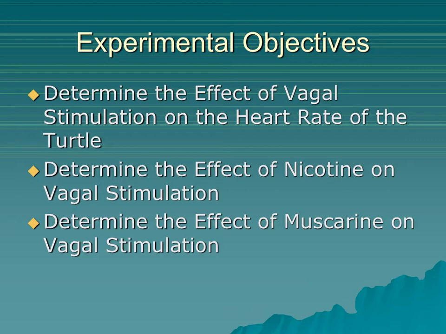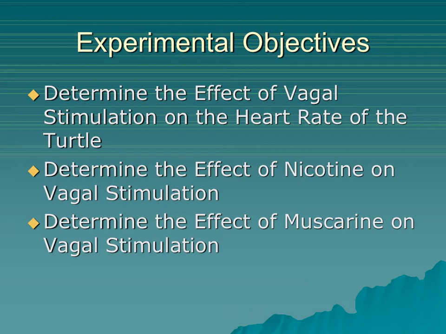We could attach a stimulator to that, and then attach a force transducer to the heart and look at how much it's moving, so that you could record the heart rate of the turtle and whether or not we're putting stimulation into the vagus nerve.